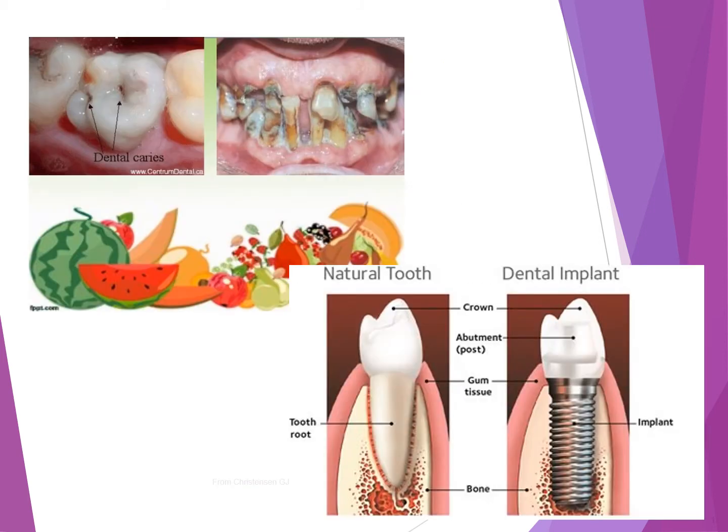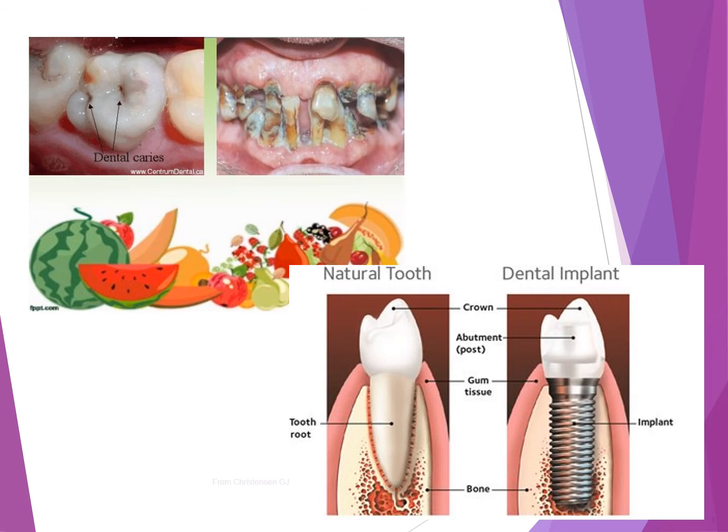At the top here, you can see a picture of some cavities or dental caries. And then in some cases, the individual may choose to have these dental implants. And so that's what you see on this bottom right image here.